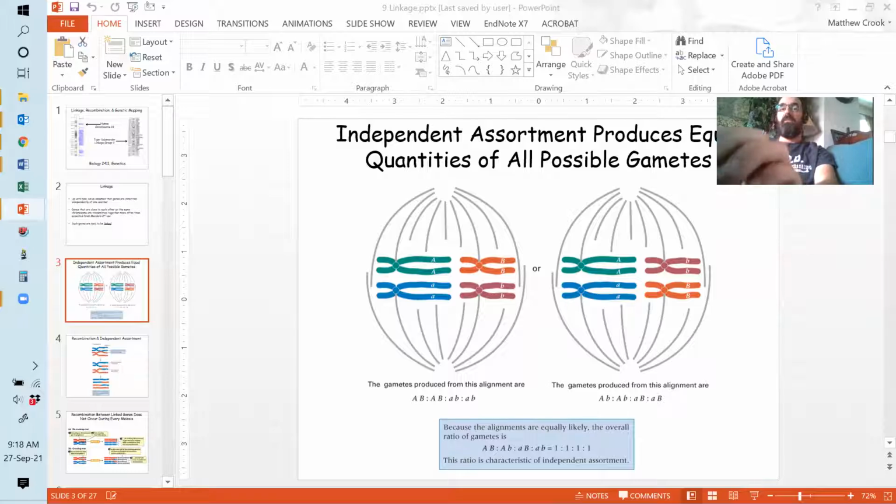If they are completely linked, so no recombination occurs between them, you get a 1-to-0 to 0-to-1 ratio, i.e. no recombinants and only parentals.